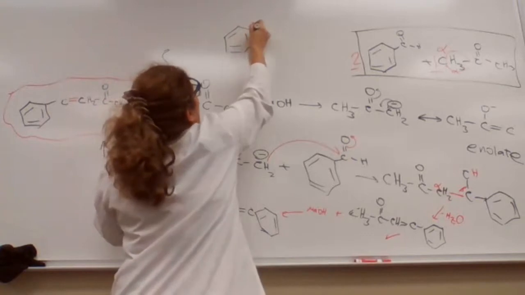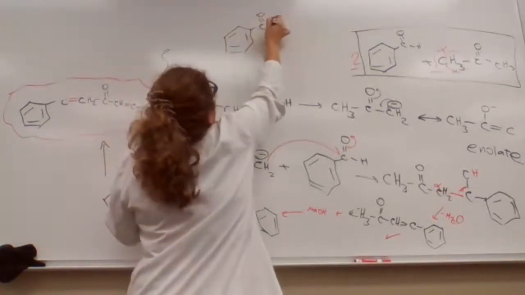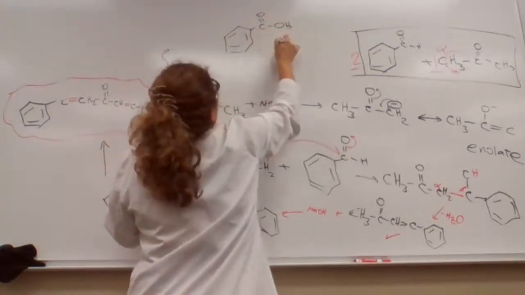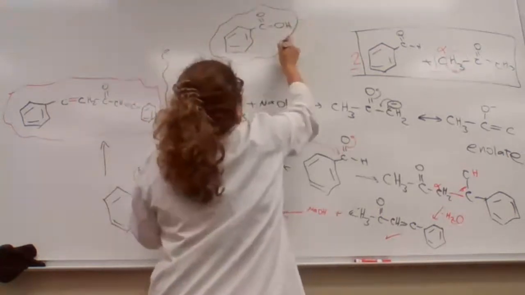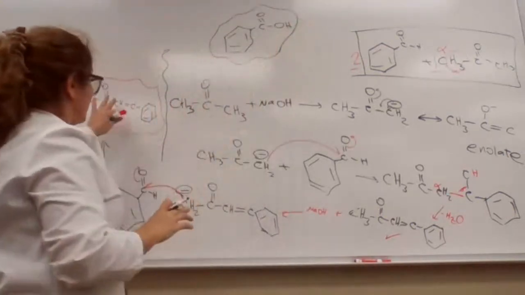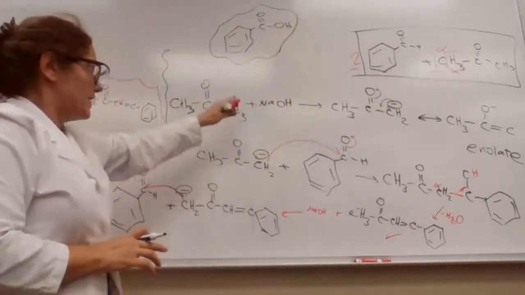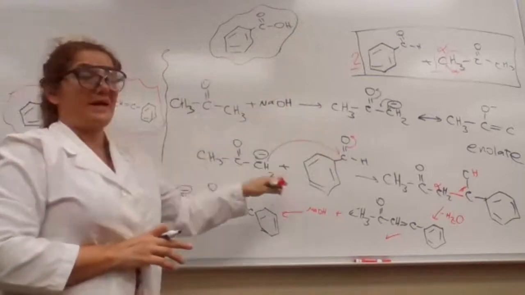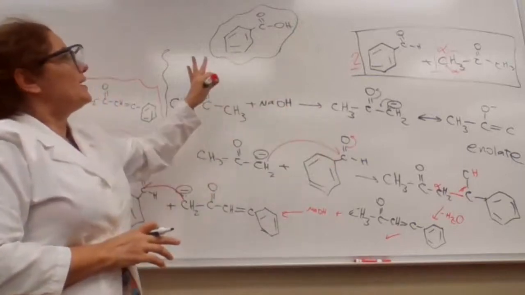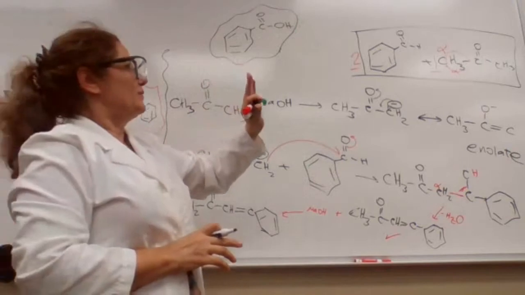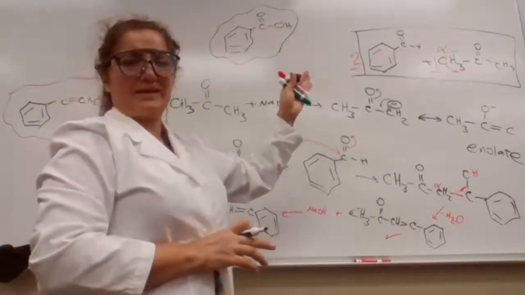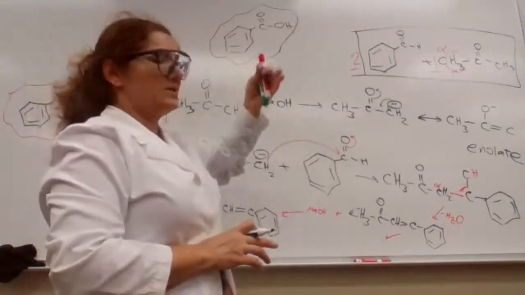After benzaldehyde is air oxidized, it will change to benzoic acid. Now, benzoic acid is not what we need for our reaction. So if you have benzoic acid, it's not going to react here. Whatever percentage of benzaldehyde has changed to benzoic acid is not going to react.